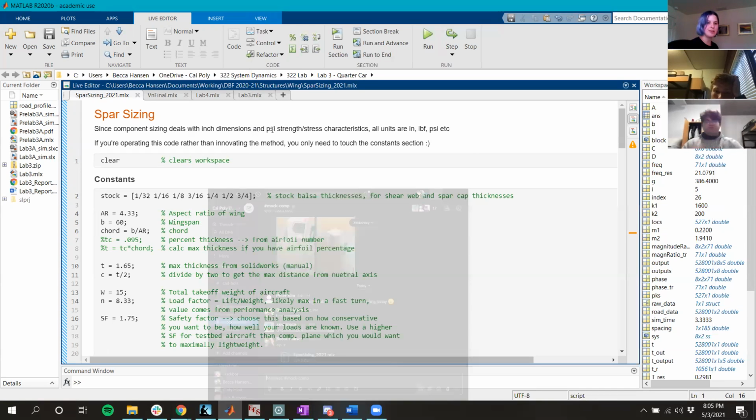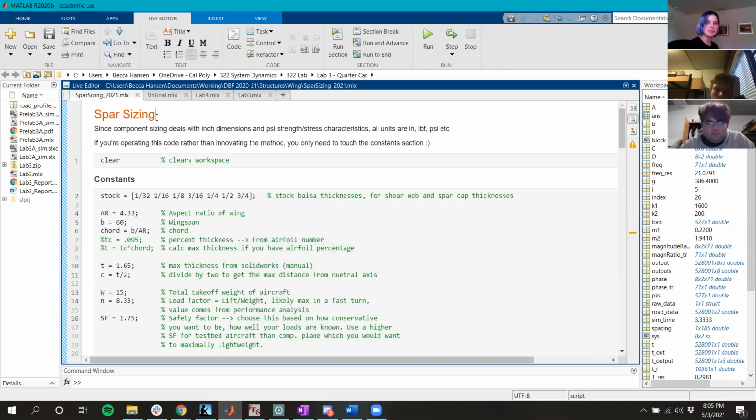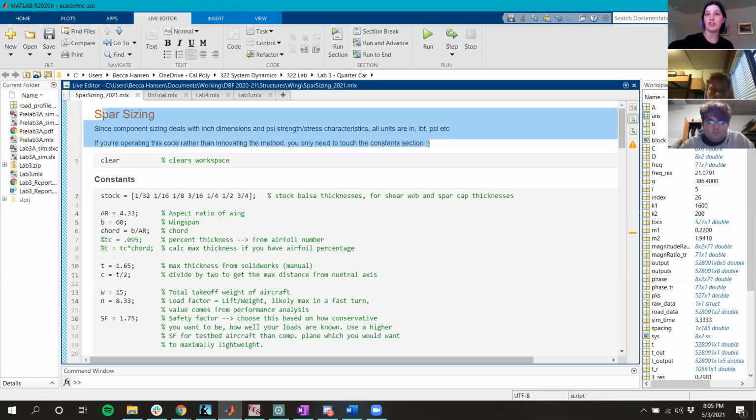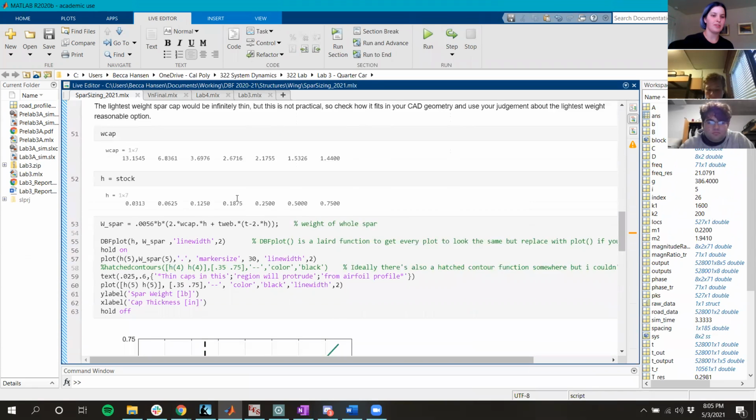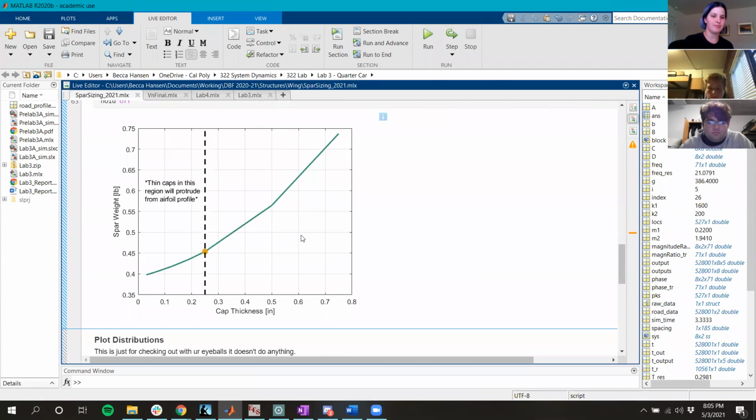Okay, so also I use .mlx files instead of .m files, and everybody can fight me about it. Deal with it, okay? What's the difference? You can type just words inside of it, and also the outputs will read out here instead of popping up in eight different windows. Why would you ever use the other one then?